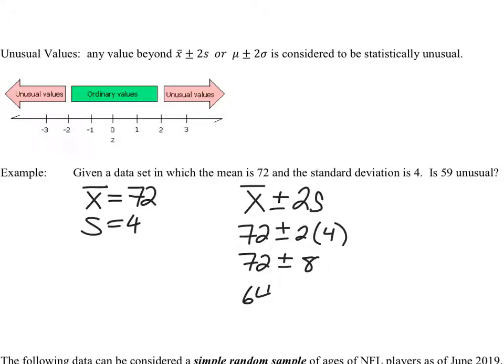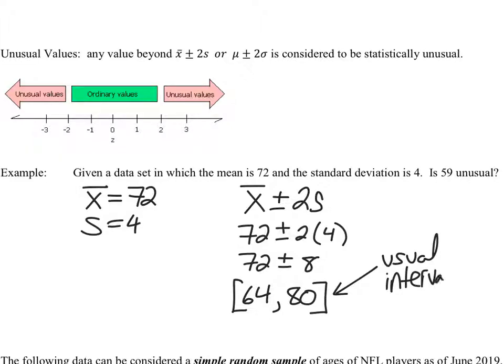So what was that, 64 to 80? All right, so that's the usual interval. These are the ordinary values. These are the ones that you would expect to happen. Anything outside of this interval would be considered unusual. So therefore, 59 is unusual.